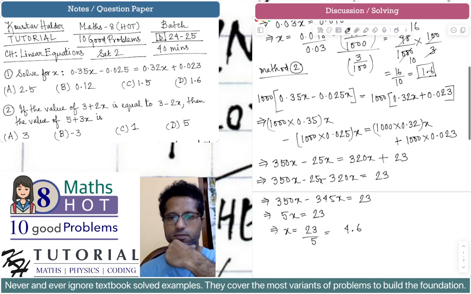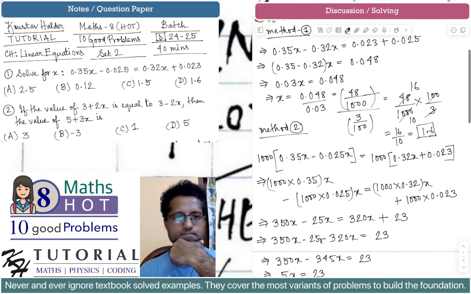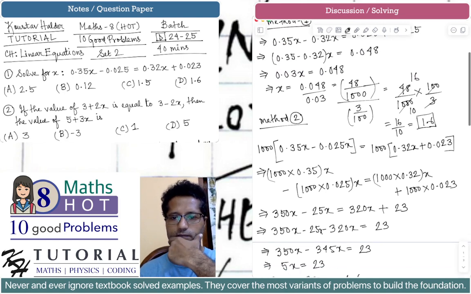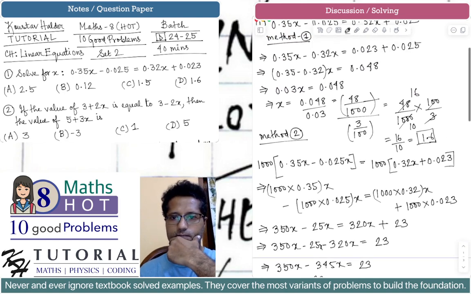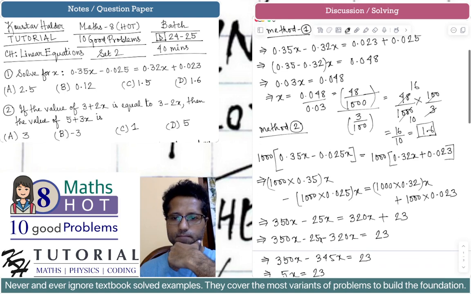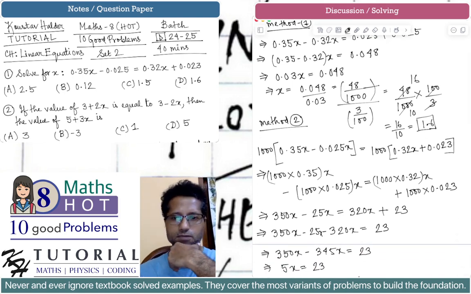No, I think I did some mistake. Let me check. I multiplied both sides of the given equation by 1000. I get 1000 multiplied by 0.35x minus 1000 multiplied by 0.025x equals 1000 multiplied by 0.32x plus 1000 multiplied by 0.023.